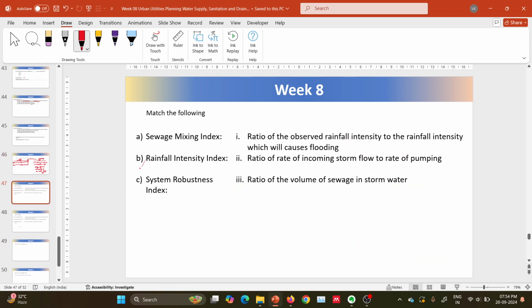Sewage mixing index, rainfall intensity index, system robustness index. The ratio of volume of sewage in stormwater, how much volume is in stormwater, is called sewage mixing index, A3. Rainfall intensity index, that we studied, is the ratio of observed rainfall intensity to the rainfall intensity which causes flooding, so B is 1. C, the system robustness index, is the ratio of incoming storm flow to the rate of pumping, so C is 2.